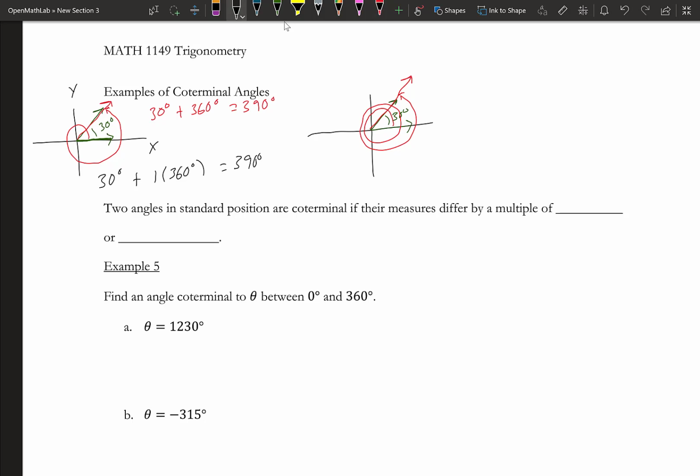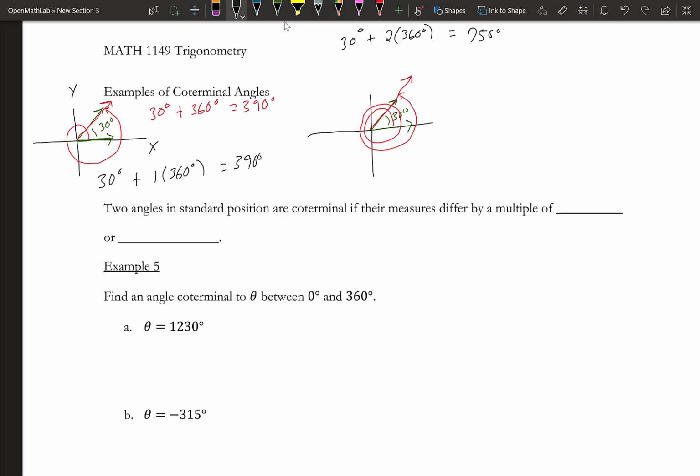So in other words, I took 30 degrees and I added 2 times 360 degrees to it. That would be equal to 750 degrees, 720 plus 30. So those would be coterminal.